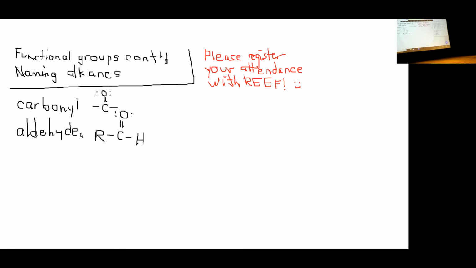This group R could be either another hydrogen or an alkyl group, a hydrocarbon group, and that can vary. So the first, I would say the simplest aldehyde of all is a compound you've no doubt heard of. It would have just one carbon. And it would look like this. That compound happens to be formaldehyde.